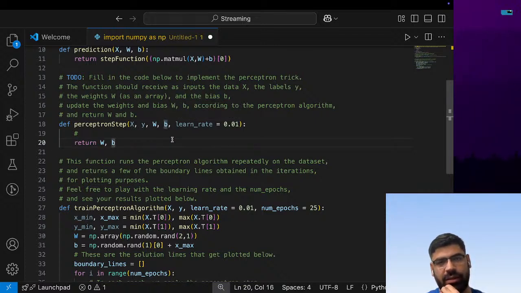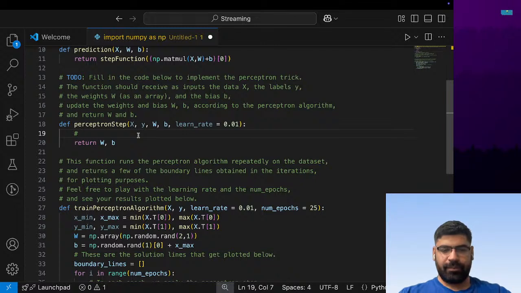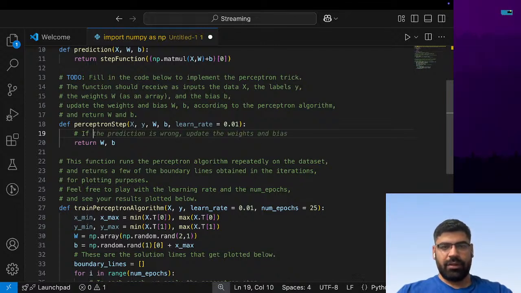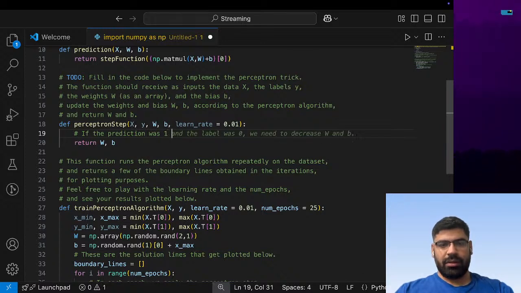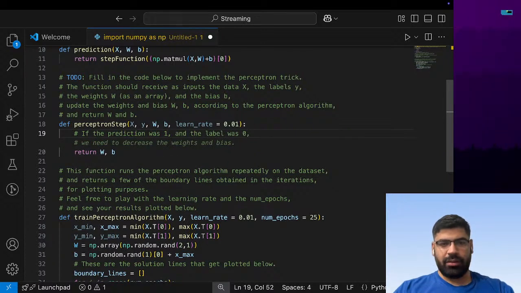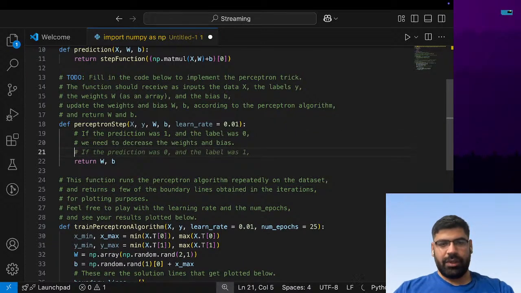Update the weights and bias according to the perceptron algorithm. So how we do it is, if the prediction was 1, we need to decrease the weight.